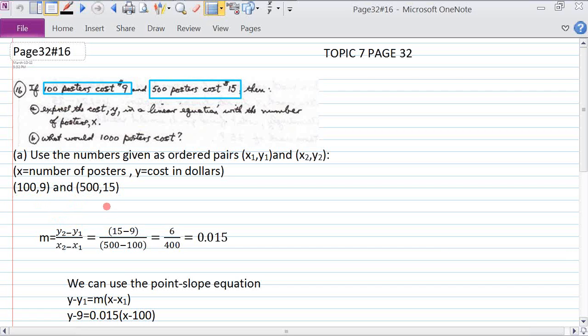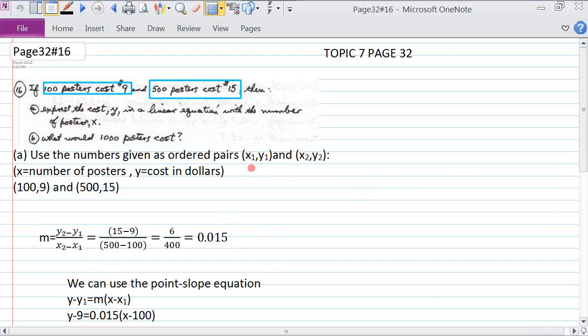Here it's the number printed and the cost. So the x is always the number of posters and the y is the cost in dollars. And how do we know that? You say, well, why don't you reverse the x and y? Because we're told over here that the cost is y and the number of posters is x. So we set these two up as an ordered pair and we set these two up as an ordered pair. Why do we do that? Because then we can get the slope of the line.